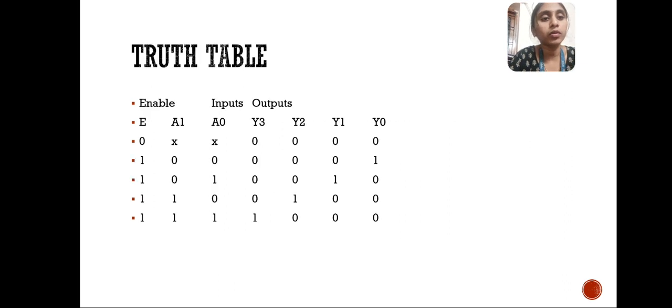The truth table is shown below. If enable is 0, A1 and A0 are don't care. If enable is 1, for the remaining cases, the inputs are 0 0, 0 1, 1 0, 1 1. These are the outputs.